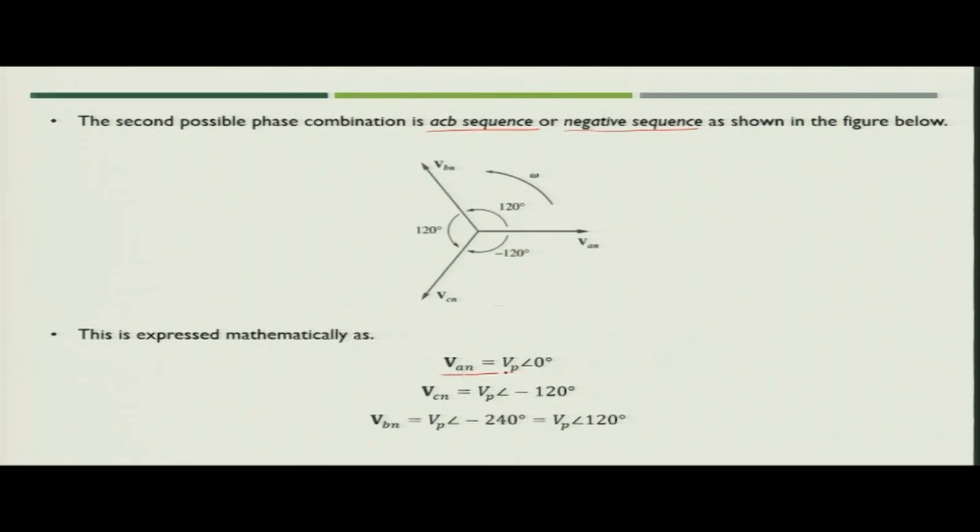Mathematically, VAN is VP angle 0 degree, where VP is the RMS value of the voltage, VCN is VP angle minus 120 degree, and VBN is VP angle minus 240 degree, or VP angle 120 degree. In that case, the phase sequence ABC will rotate in the direction opposite to the rotation of the rotor.